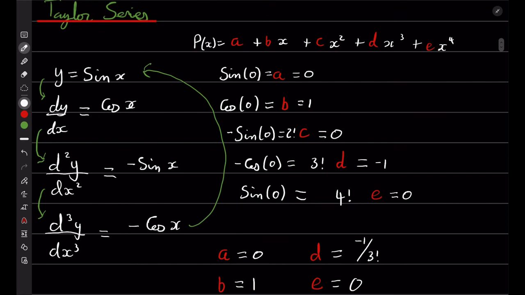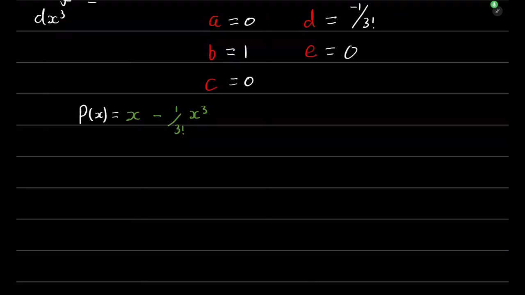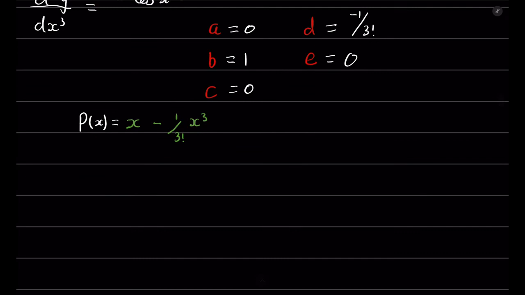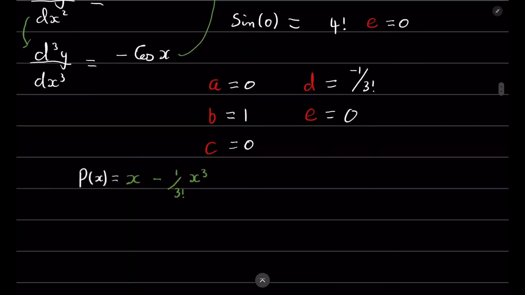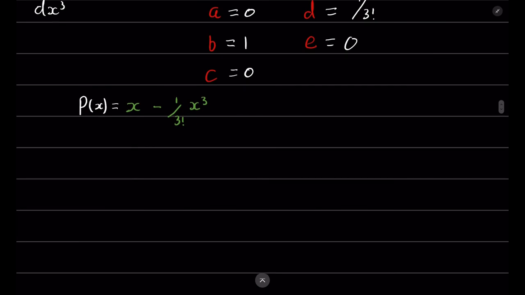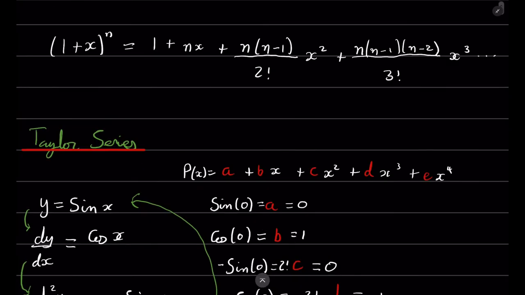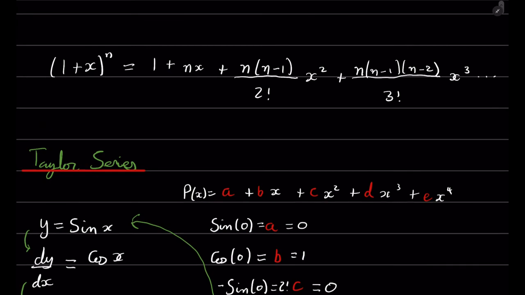Hopefully you get the point of that. That's the polynomial for approximating sine of x near 0. I've realized that we've gone past time already, so there'll be a part 2 coming up in just a bit, and that will basically cover the rest of what is needed to derive this equation.